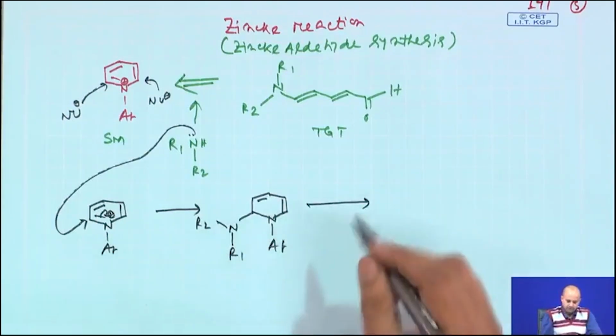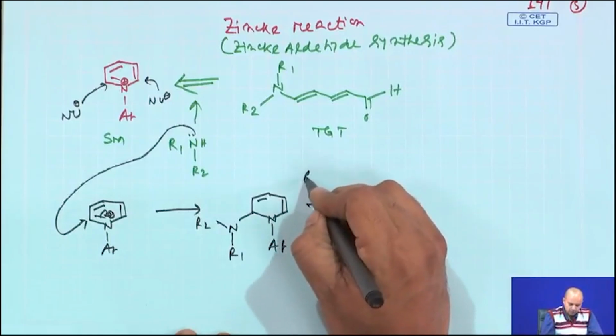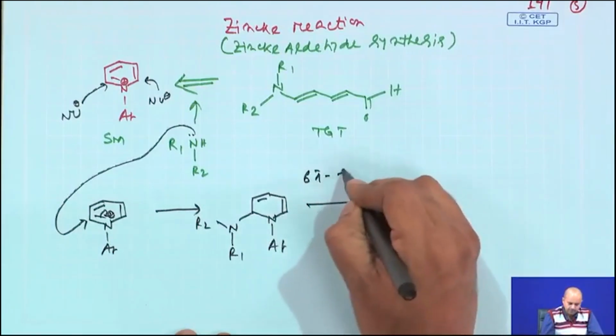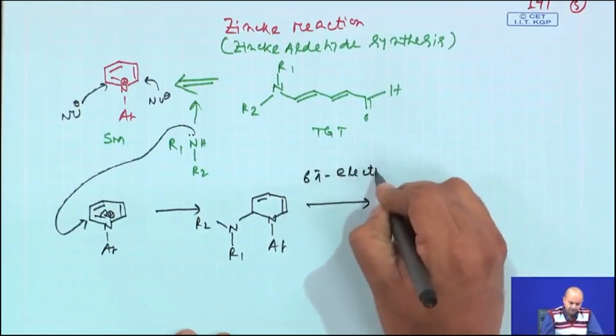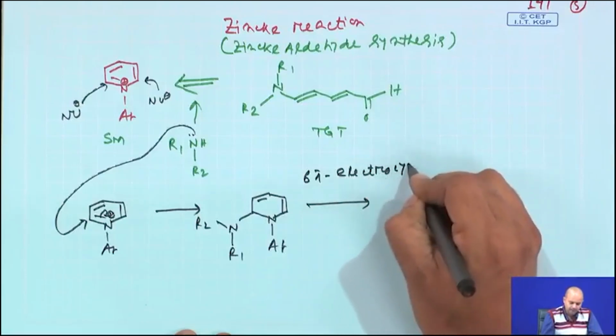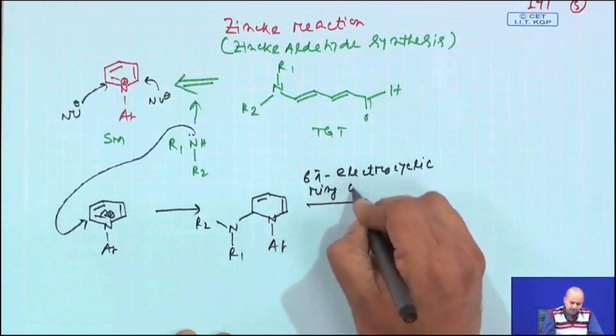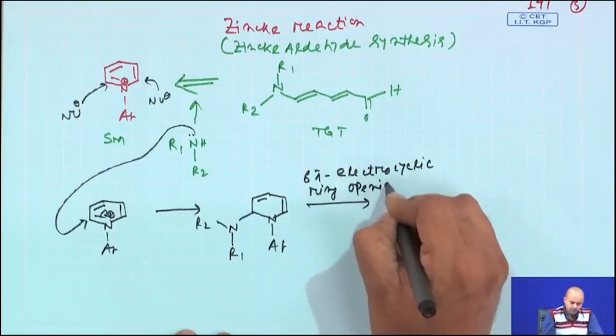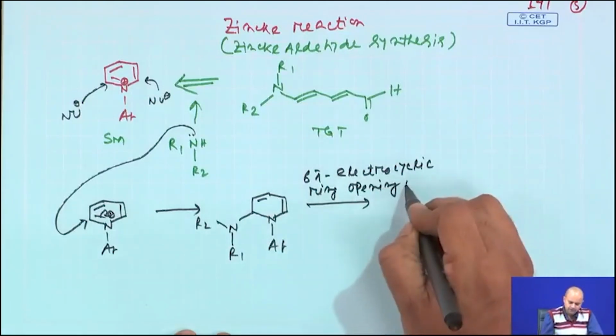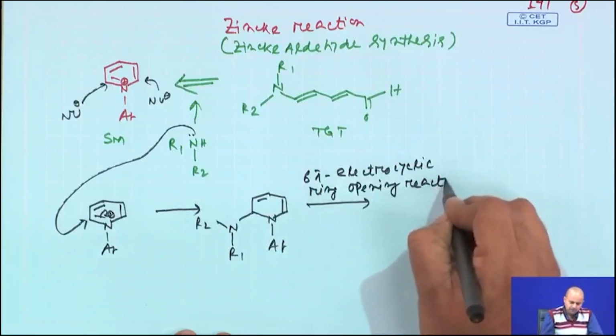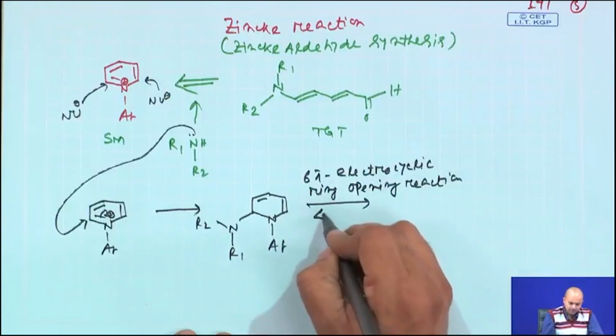Now this is a very interesting reaction. It is a pericyclic reaction, a 6 pi electrocyclic ring opening reaction. I am sure all of you have studied this reaction. This reaction occurs in thermal fashion.